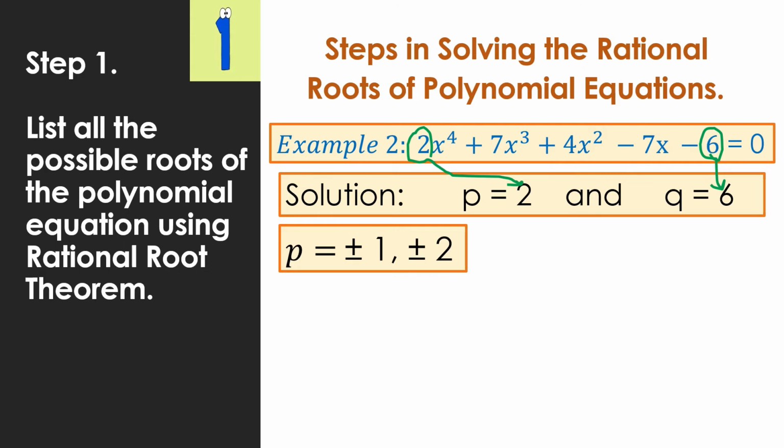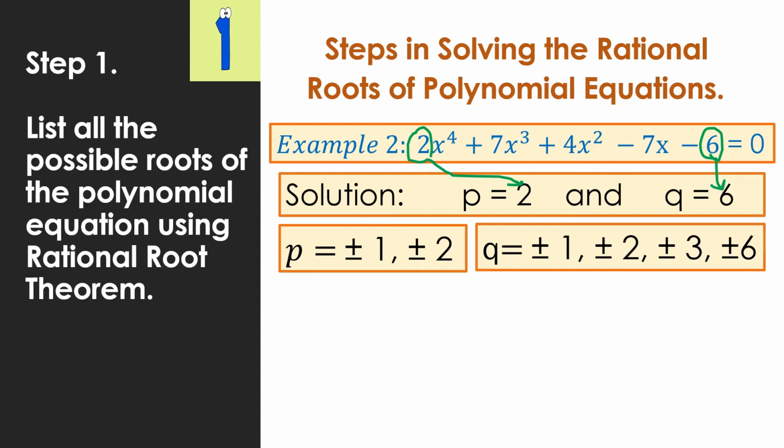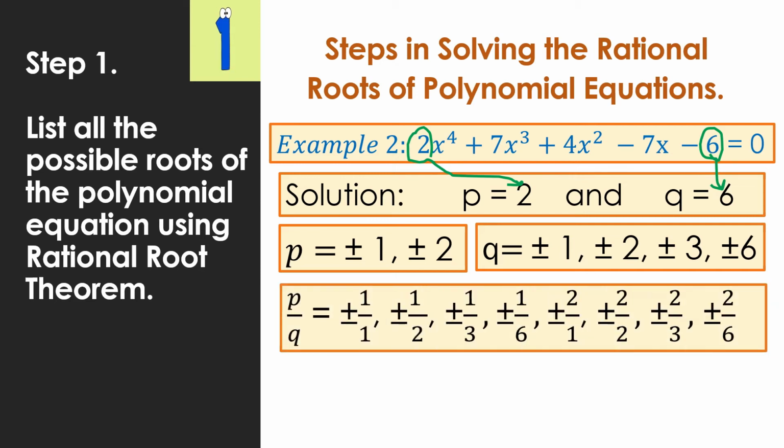What are the factors of 2 or the factors of P? The factors of 2 are positive negative 1 and positive negative 2. What are the factors of 6? Q is equal to positive negative 1, positive negative 2, positive negative 3, positive negative 6. Those are the factors of 6.